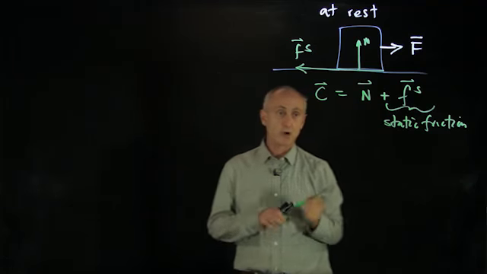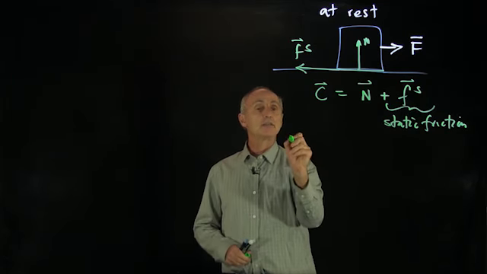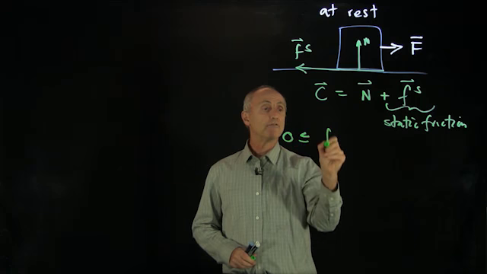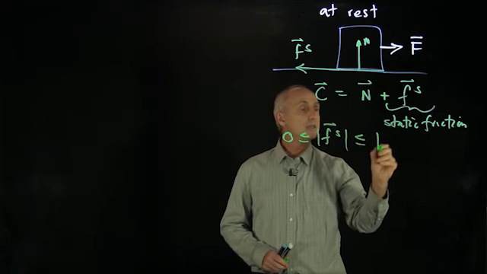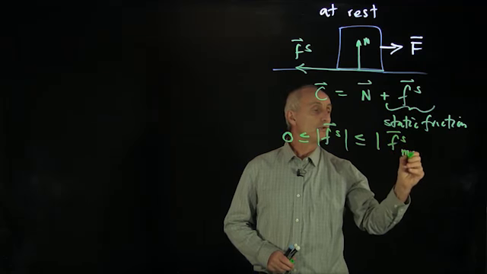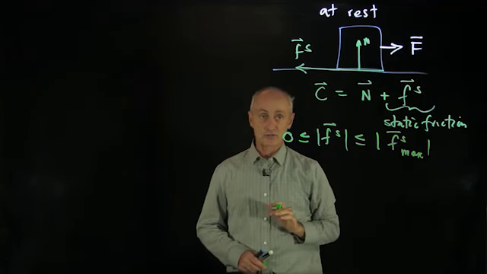How do we express those properties? Well, the idea is that the static friction can vary in magnitude between 0 and some maximum value, depending on the other constraints on the system.